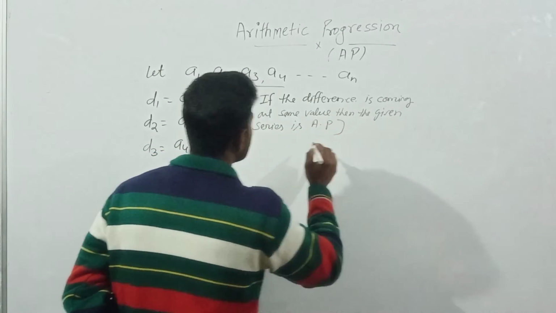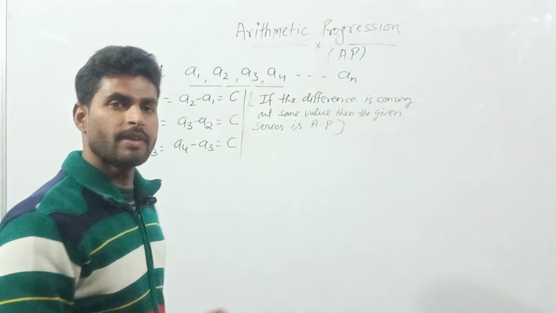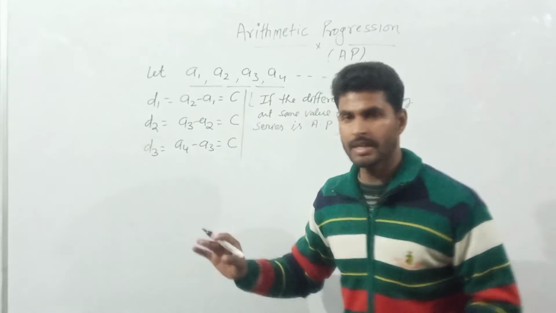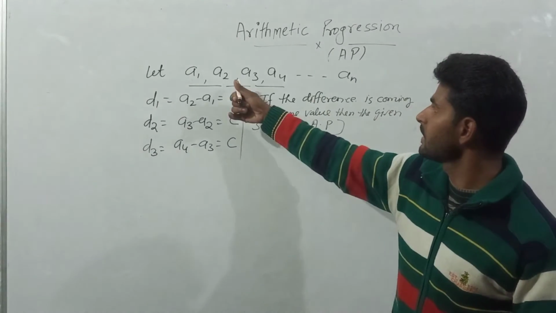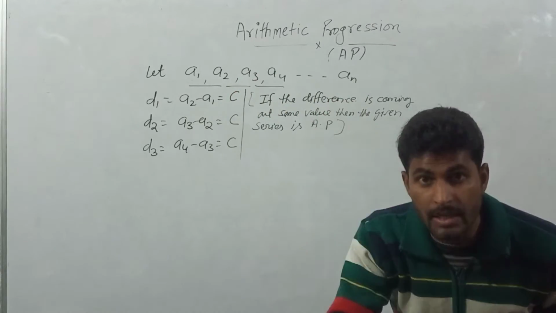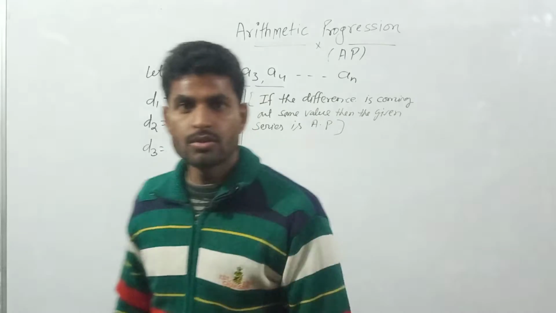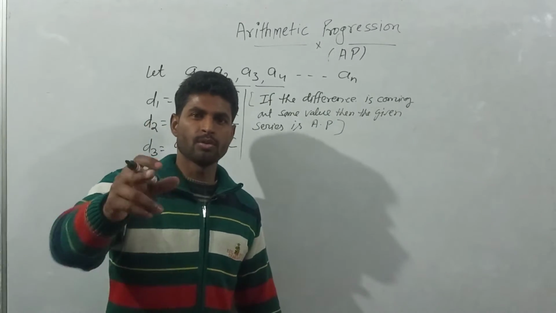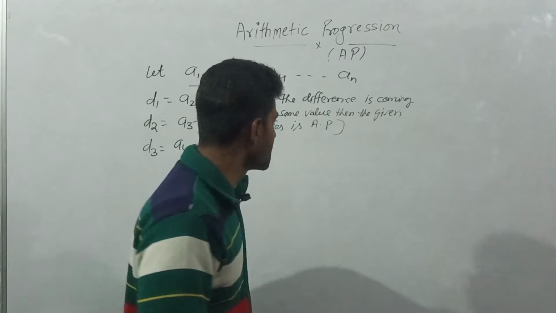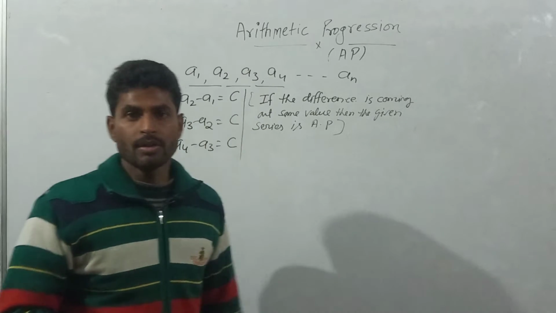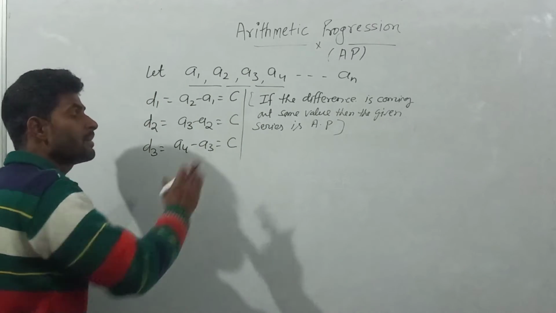So my dear student, if the differences, that is D1, D2 and D3, come out the same, then the given series is AP. I am going to take some examples from your exercise 5.1.